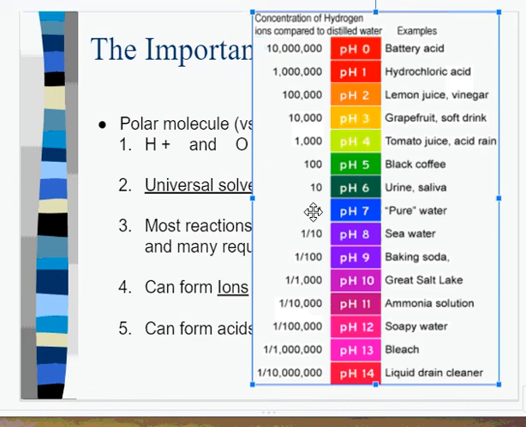So going from 7, which is neutral, each change in number is a 10-fold increase in the concentration of hydrogen ions, or OH ions. And that's going to make it a stronger acid or a stronger base.